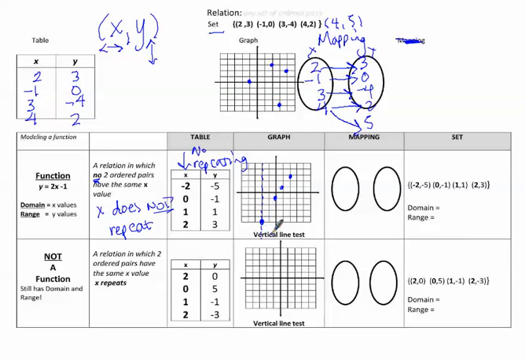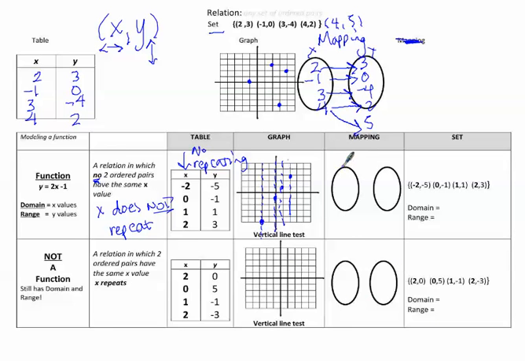It gives you a vertical line, and you want to make sure each vertical line only crosses one point. If it has multiple points that cross through there, for example, if I had a point here and here, this would not be a function because it would have 2 points on one line.